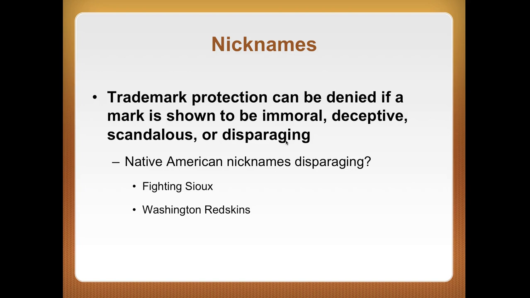These are all Native American related, and it's created an interesting type of situation. The other thing with nicknames and trademarks that has come to light is high schools trying to use college logos. There have been multiple ones in the state of Georgia that have been told to take their logo down or they would be sued.